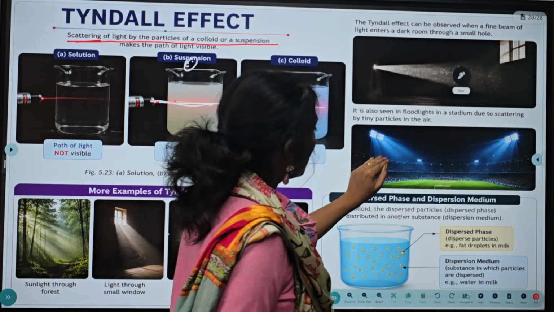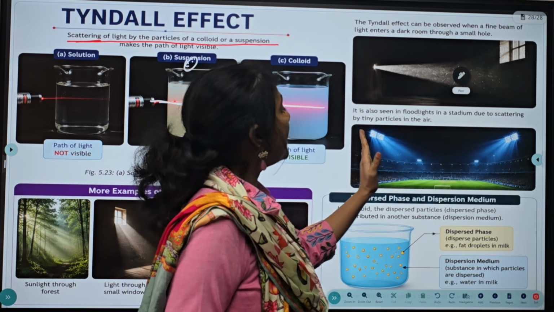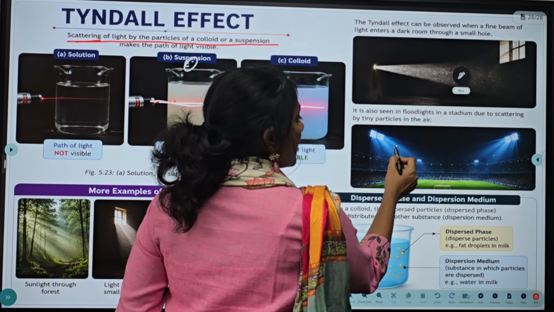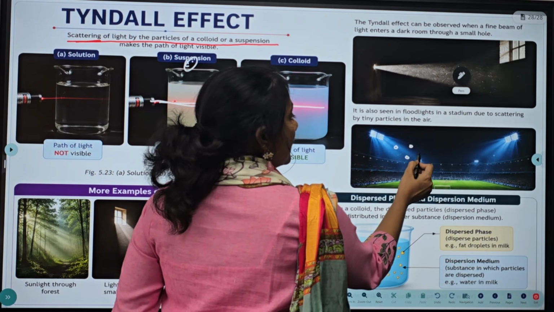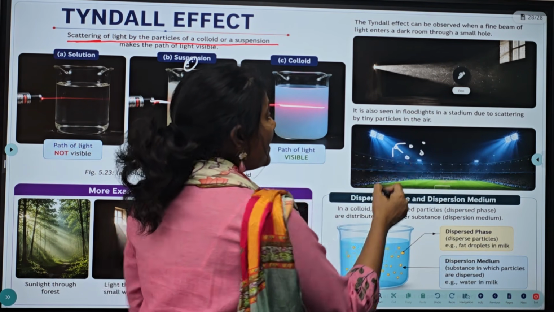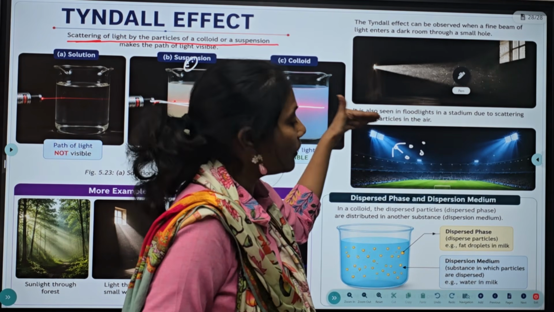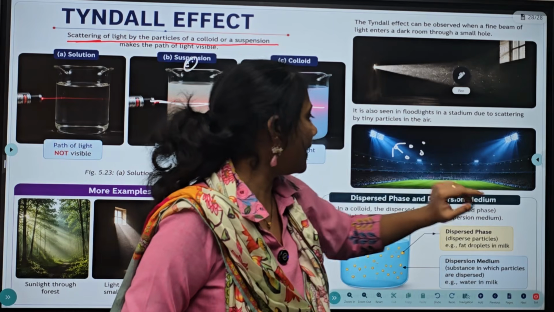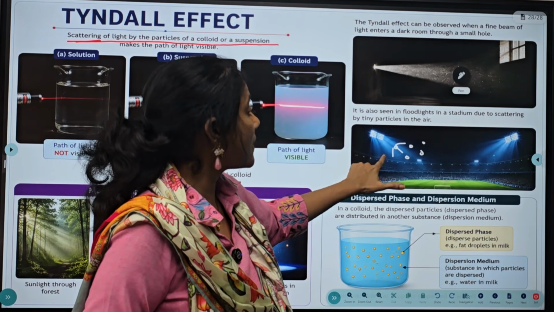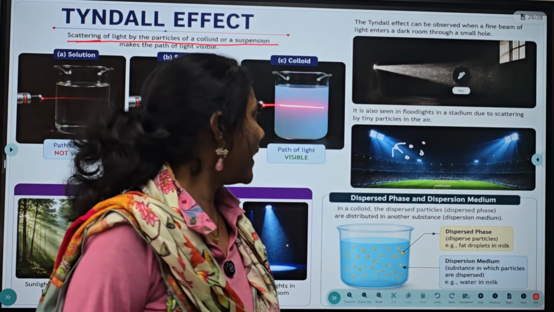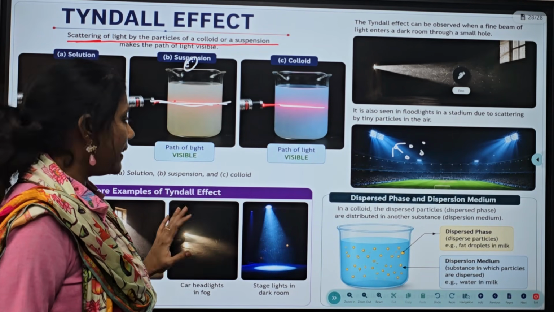Sitting in this position, when you look up, you can see these light rays, because the atmosphere has smoke particles and dust particles, and these smoke and dust particles scatter the light coming in. You can see the path of the scattered light when you are sitting exactly perpendicular to the path of light. So this is all about the Tyndall effect, guys.